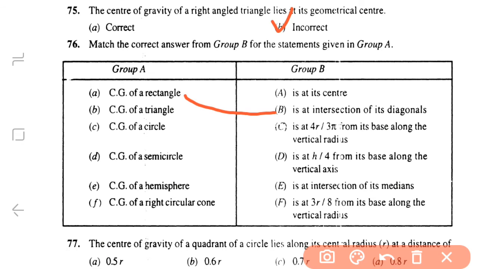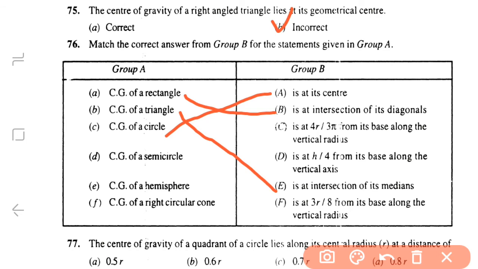Now next is CG of a triangle, and here option E is the correct answer, that is at intersection of its medians. Now next is CG of a circle, and here option A is the correct answer, that is at its center. Now next is CG of a semicircle.